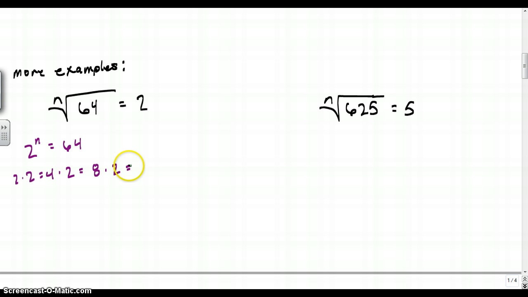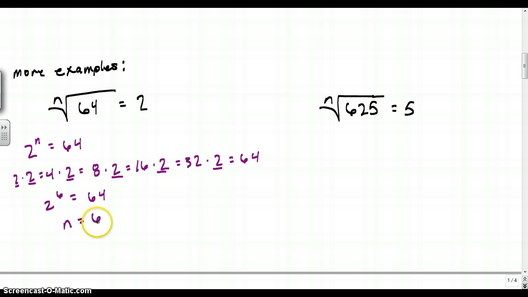Times 2 again will be 2 to the 4th. That's 16. Times 2 again will be 2 to the 5th. That's 32. And then times 2 one more time, which is 2 to the 6th, would give me 64. So we have 1, 2, 3, 4, 5, 6 times, 2 to the 6th power equals 64. So in this case, our nth root is 6.